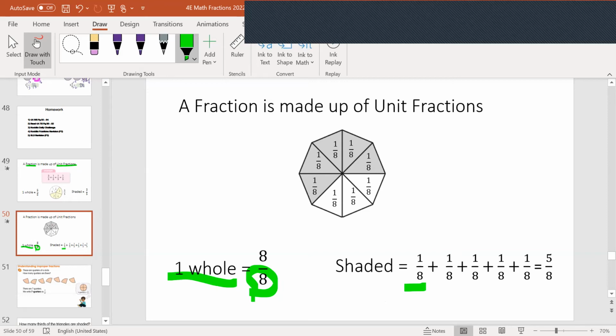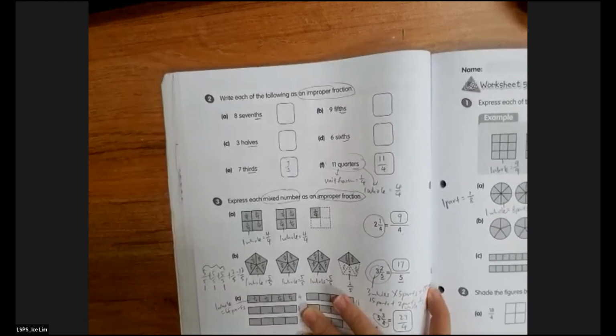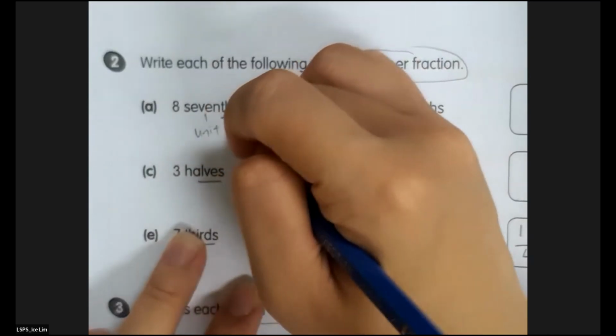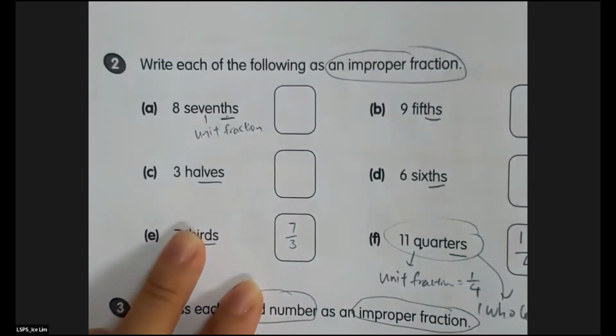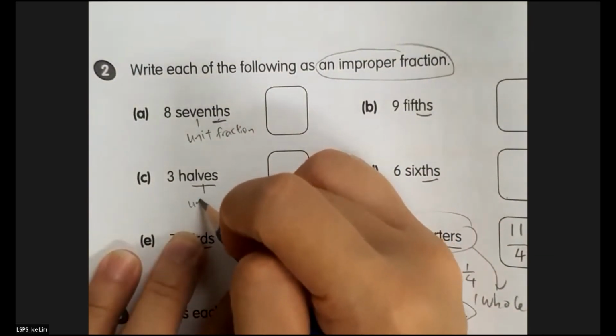So if I look at my workbook here, my question will be, every time I see a word like this, at the top part for this question, this tells me the unit fraction that I'm looking at.